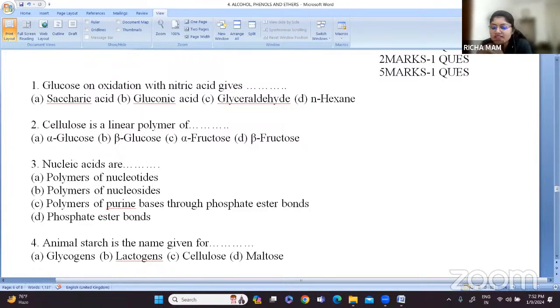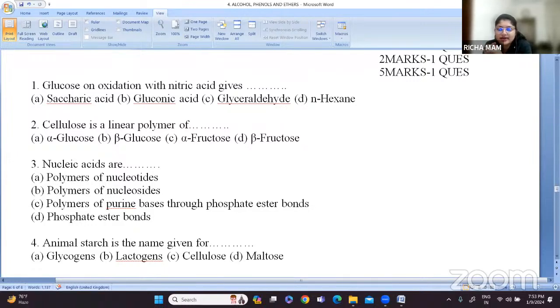Which sugar is present in RNA? Beta D ribose.